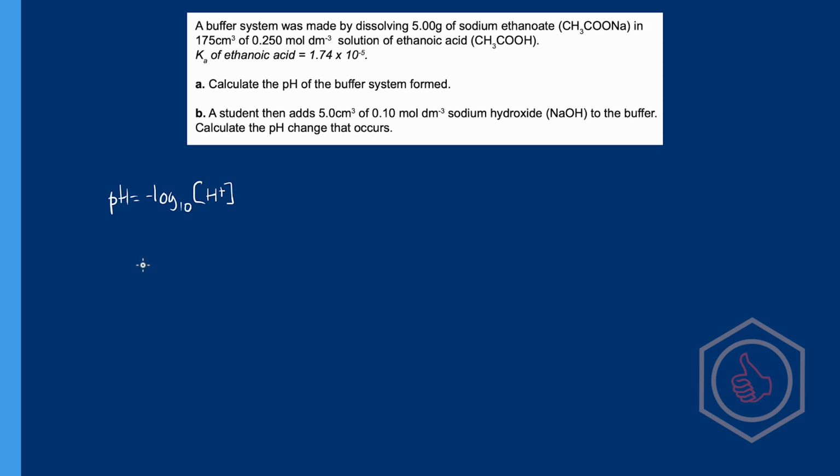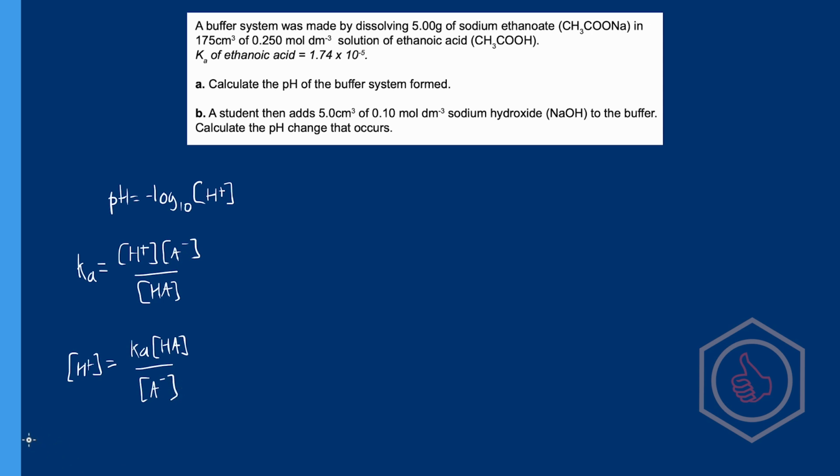To do that, we can use the Ka expression for a weak acid. Ka equals concentration of H+ times concentration of A− divided by concentration of HA. Now we can rearrange this expression for H+ by saying concentration of H+ equals Ka times concentration of HA divided by concentration of A−.